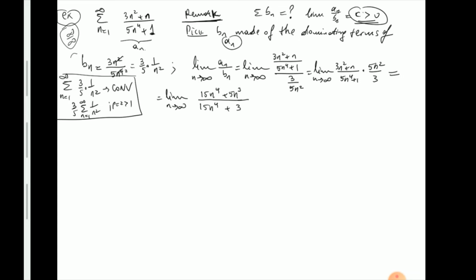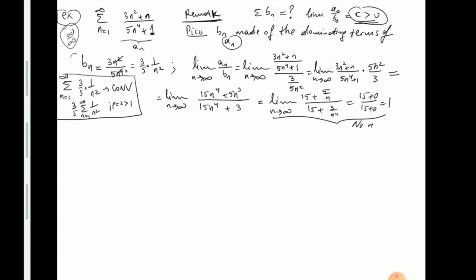Normally in Calculus 1 you would show that, because this is an infinity over infinity limit, you have to write it in terms of limits that can be computed directly, so you can pass the limit. So you divide by n fourth on both sides, so that's 15 plus 5 over n, over 15 plus 3 over n fourth. And then you can pass the limit: 15 plus 0 over 15 plus 0, which is 1.